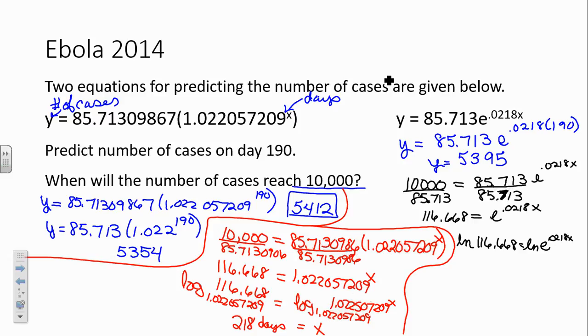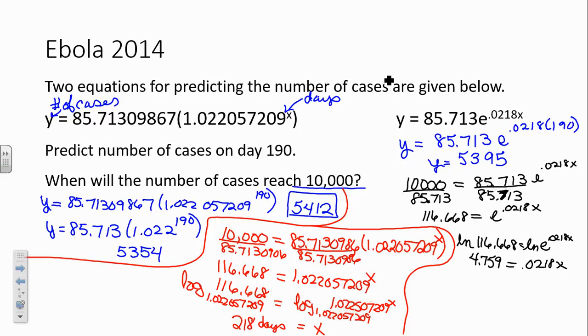When I take the natural log of what was in my calculator, natural log second answer, close the parentheses, I get 4.759 roughly is equal to the natural log of e goes away and we just get our power, 0.0218x.